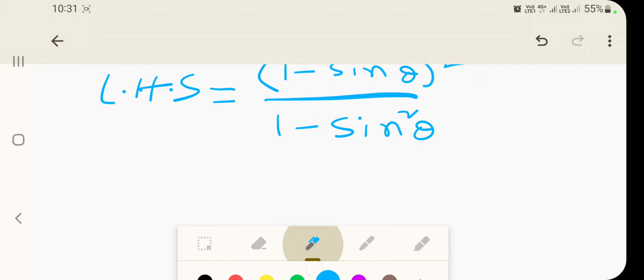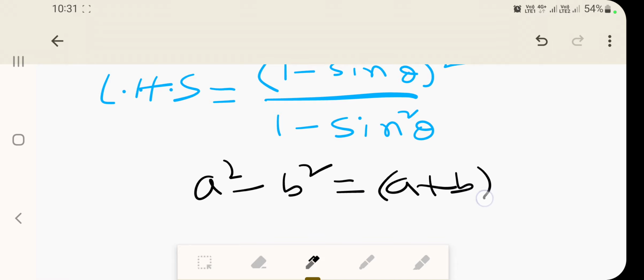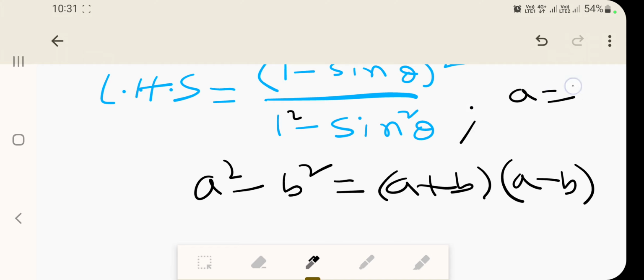Again we are going to use the formula a square minus b square is equal to (a plus b) into (a minus b). What is a here? 1 square. So a is 1 and b is sin theta.